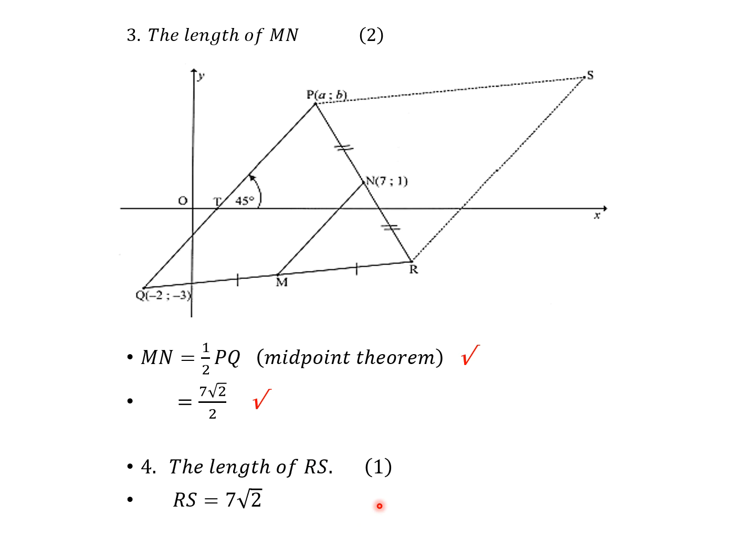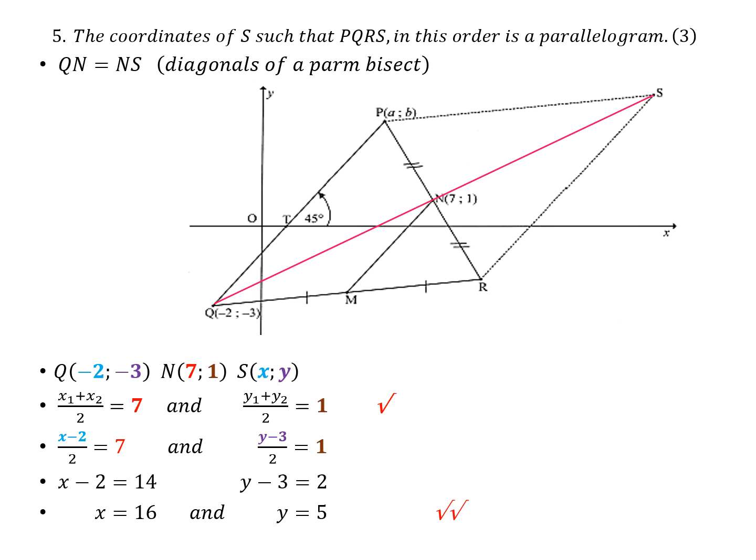Alright, now we're going to the last 2 more complex questions. The coordinates of S, such that PQRS is a parallelogram. QN equals NS, diagonals of a parallelogram bisect.